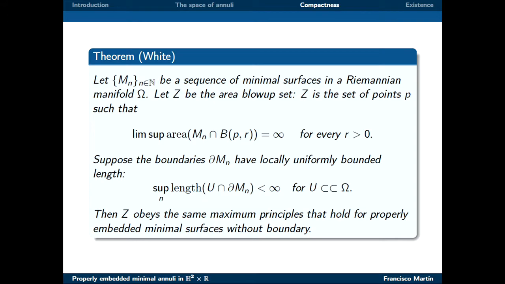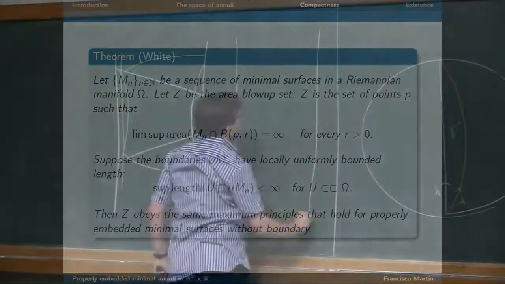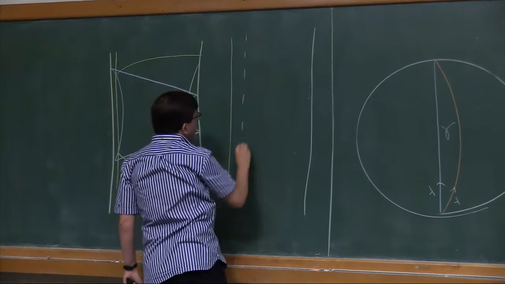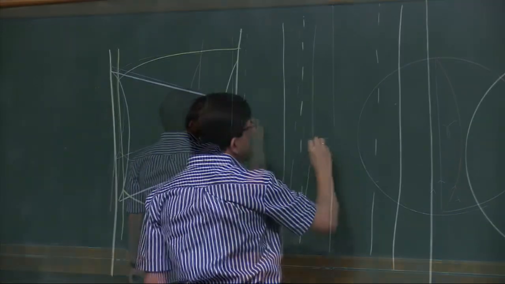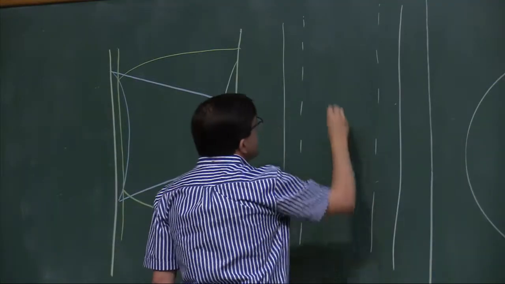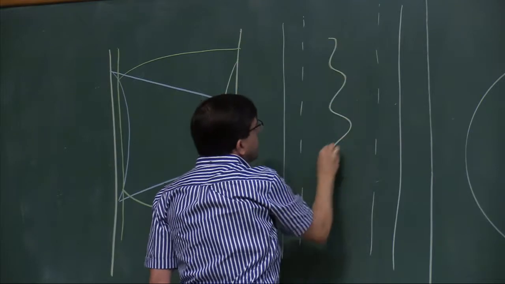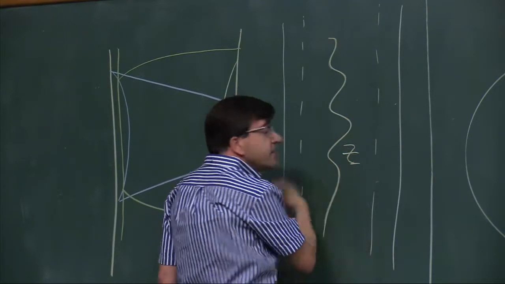So that means that in H2 cross R, you have the cylinder, and you have your set Z, who knows what is the shape, but it is inside this cylinder.